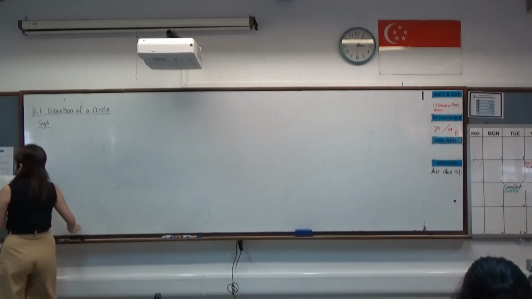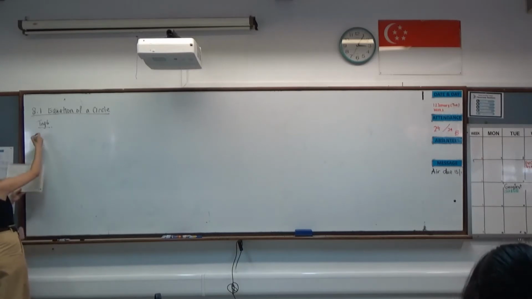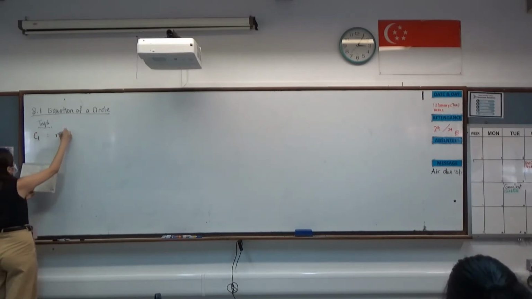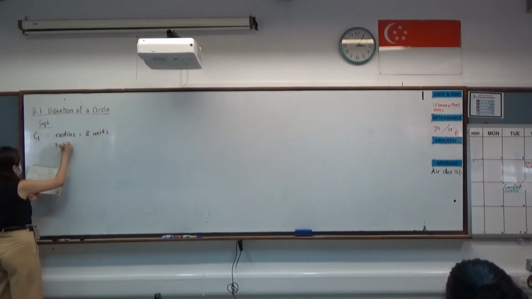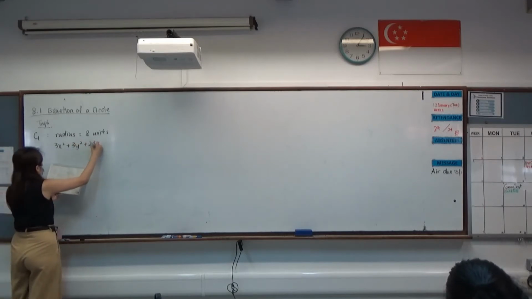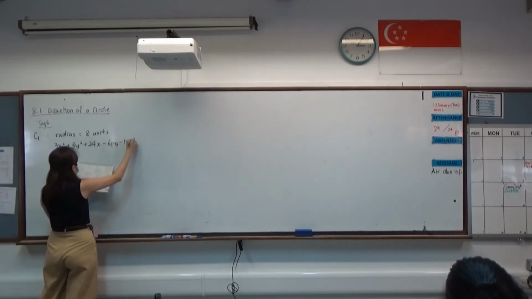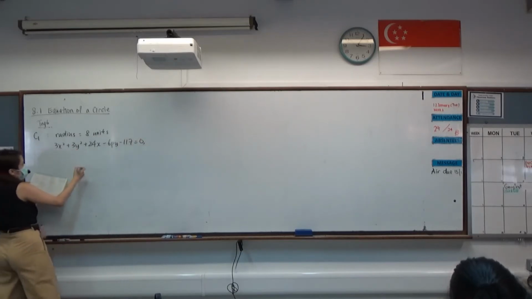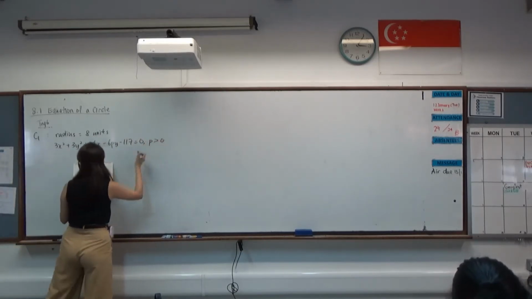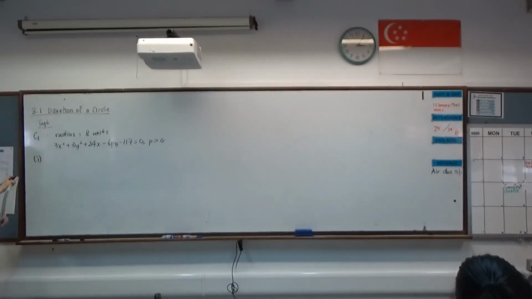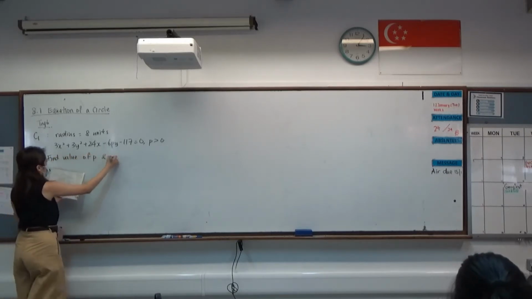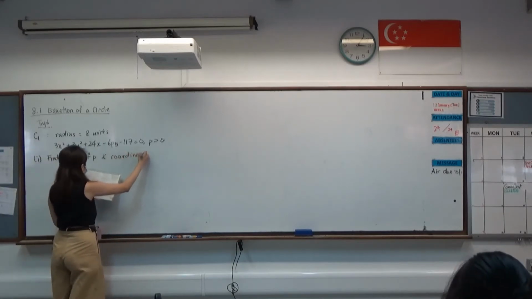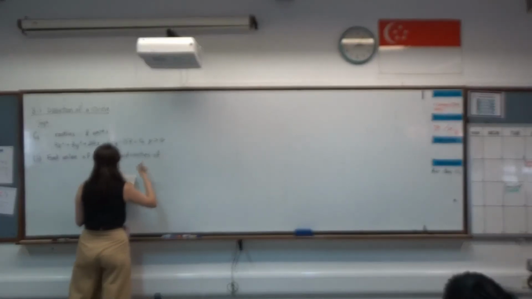Alright, so we have another circle, the equation of a circle C1, whereby the radius is 8 units, and it has this equation here. And it says that P is more than 0. Part 1, we want to find the value of P and coordinates of center C1.